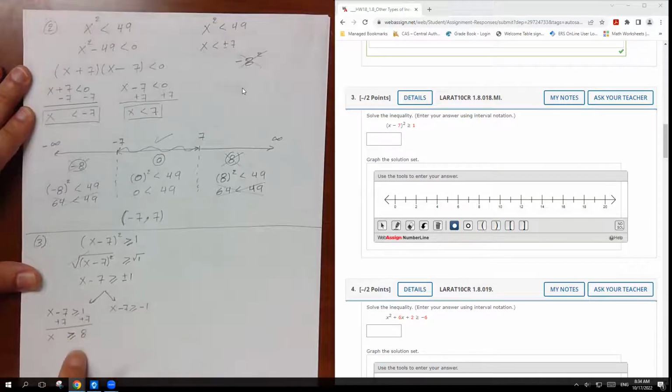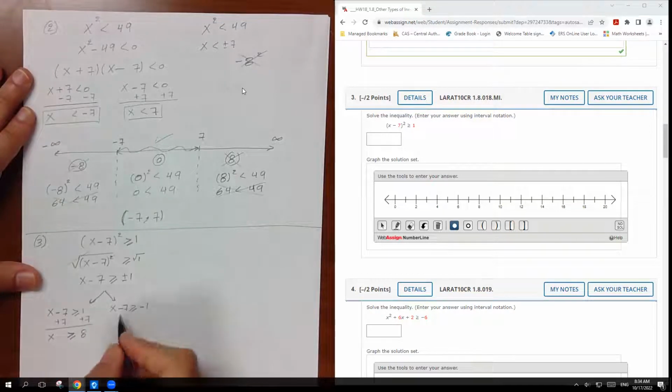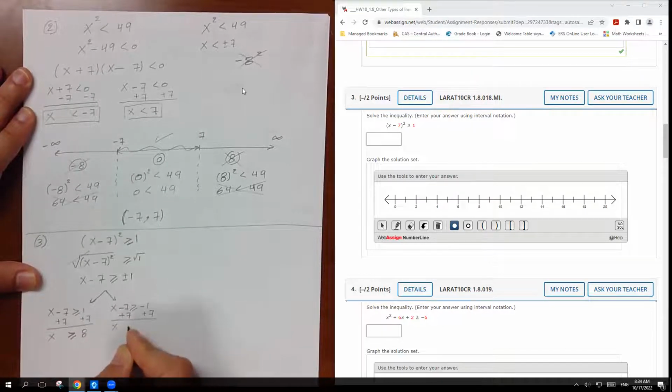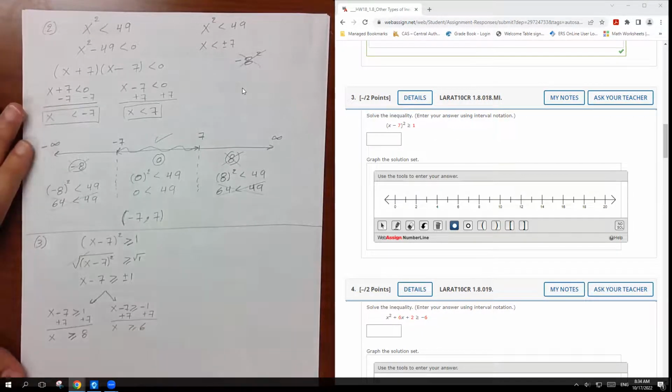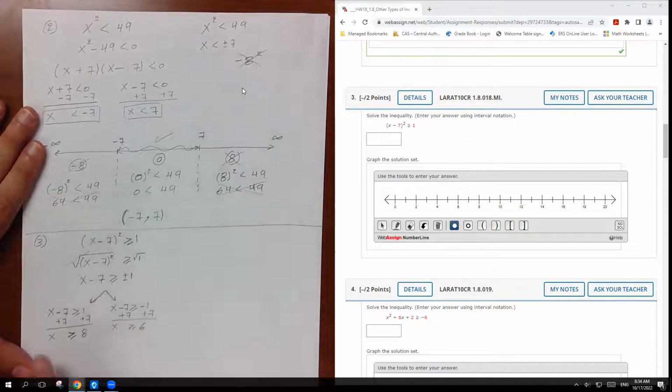This is the first key number, 8. Here, you add 7 again, so x is greater than or equal to negative 1 plus 7, which is 6. Here is the second key number. Now, our next step, we need to test these 2 key numbers. So I'm going to draw the line.